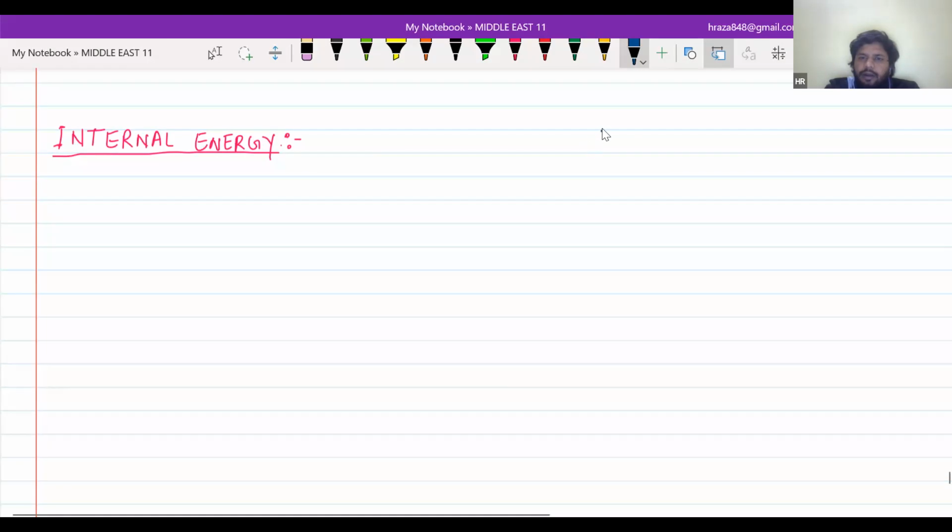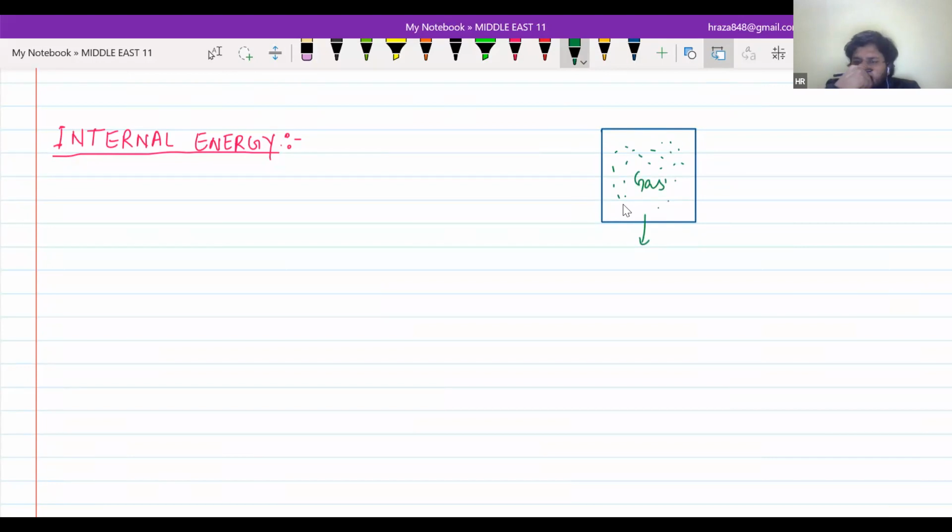So just think about it. Here is a container. What will be its internal energy? Just suppose it contains gaseous particles. Every gas particle has its own nucleus, so there will be nuclear energy.